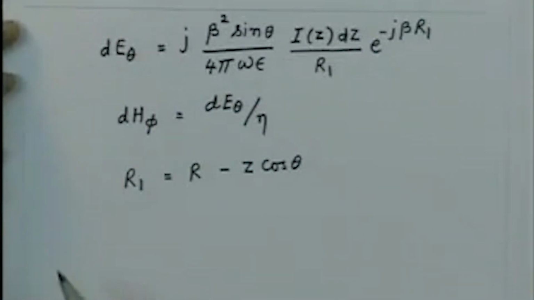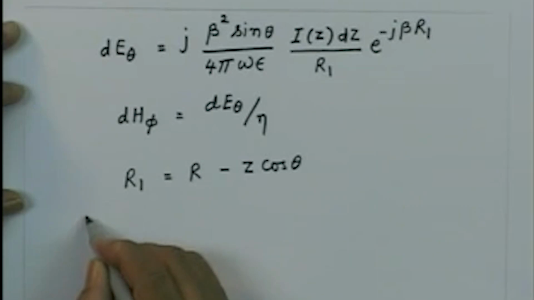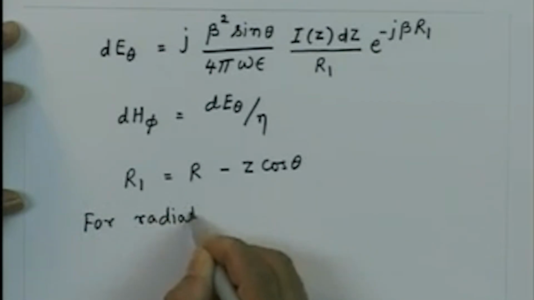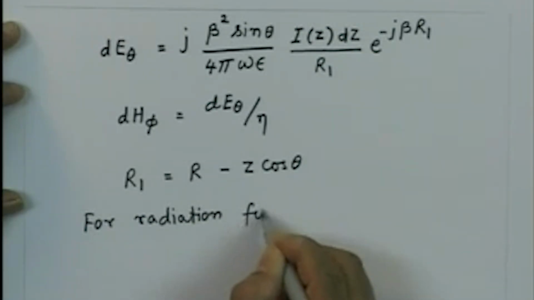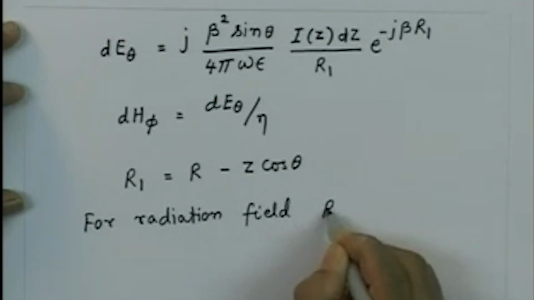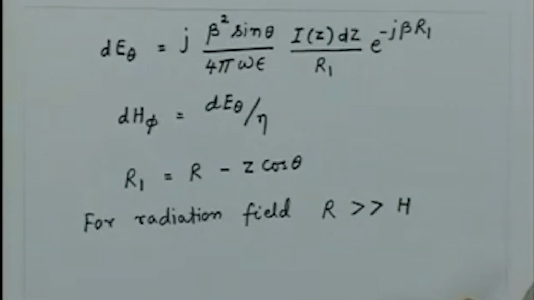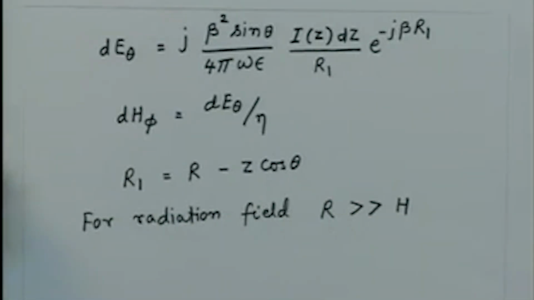That is what we have in practice for radiation field. So, we have for radiation field r is much greater than h, and since z is always going to be less than or equal to h, this quantity the r is much greater than h.